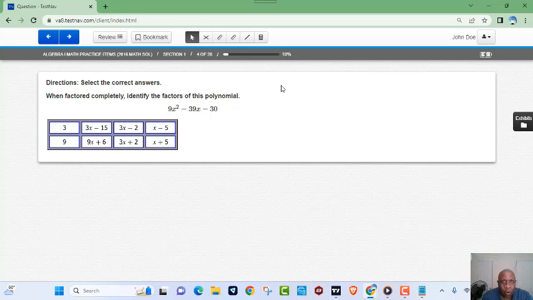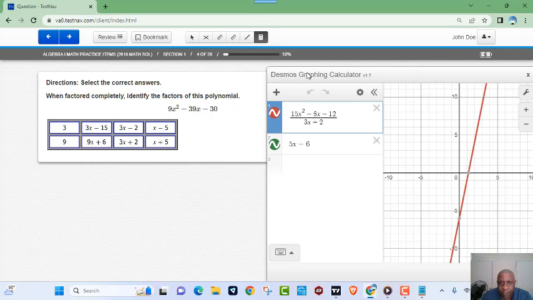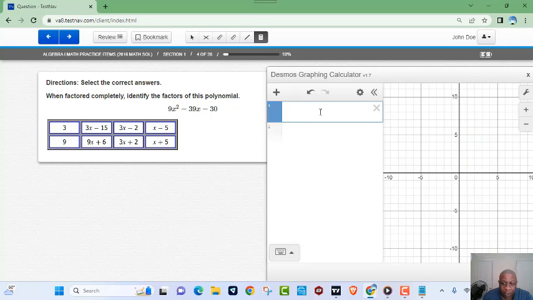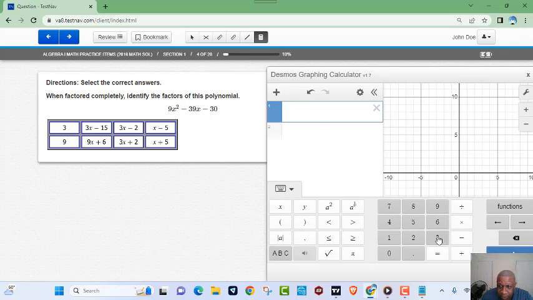Okay, so what we're going to do, we're going to go to our Desmos here. We're going to clear out our previous information, and we're going to graph that. Let's bring up our calculator: 3x squared minus 13x minus 10.